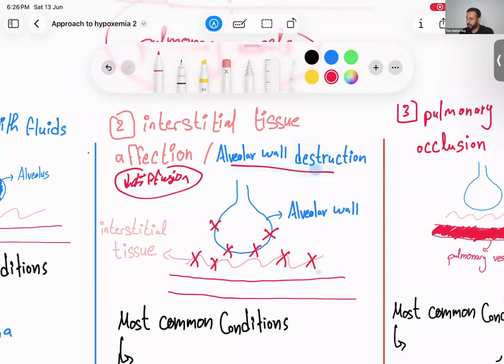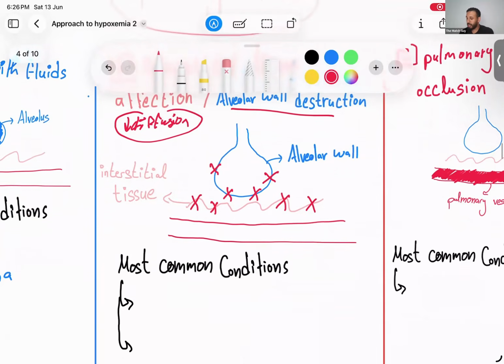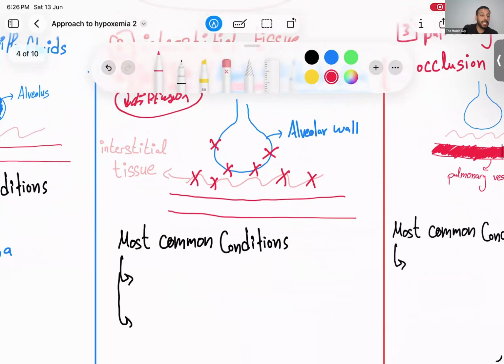Okay. So what do you know, guys? What are the most common conditions that may lead to decreased diffusion, or affection of interstitial tissue, or destruction of the alveolar wall? Yes, fibrosis and emphysema. Amazing, guys. Emphysema is destructed alveolar wall.